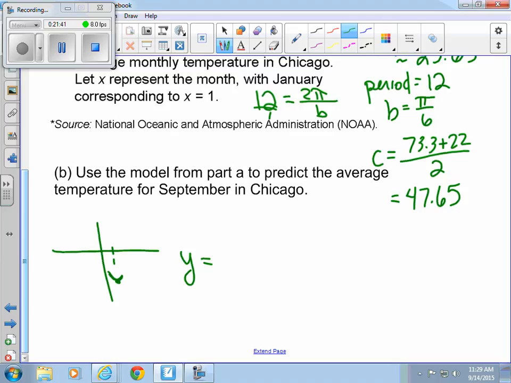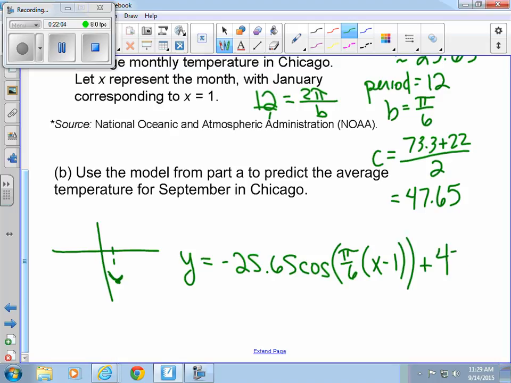And what was my amplitude? Cosine of pi over 6 times x minus 1 plus 47.65.